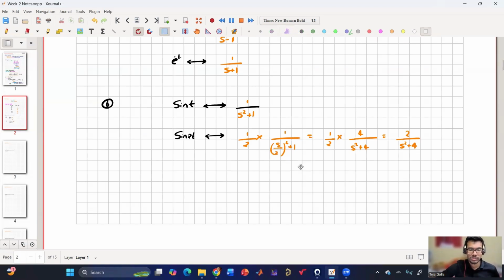So we have used the time scaling property of the Laplace transform to solve these problems. Is this clear until this point?